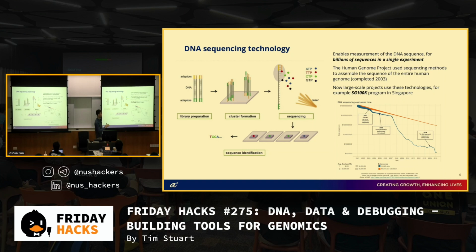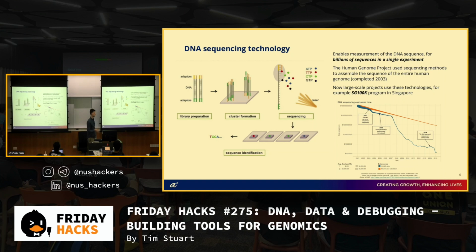For the first maybe 6 or so years after that, the cost followed Moore's law. But then around 2007, something changed, and we see this massive drop in sequencing cost. What happened was this method was commercialized by a company called Illumina, and you see the cost just plummet for DNA sequencing, right?